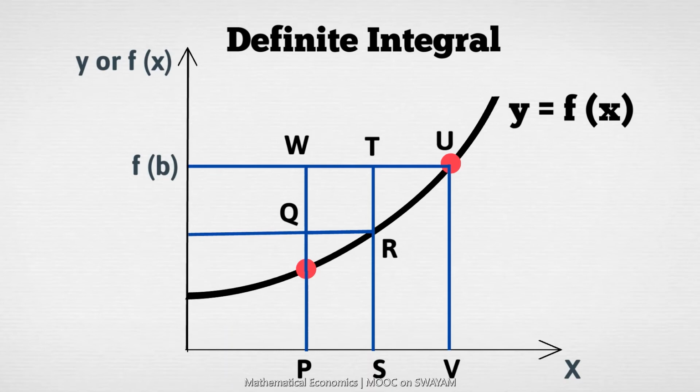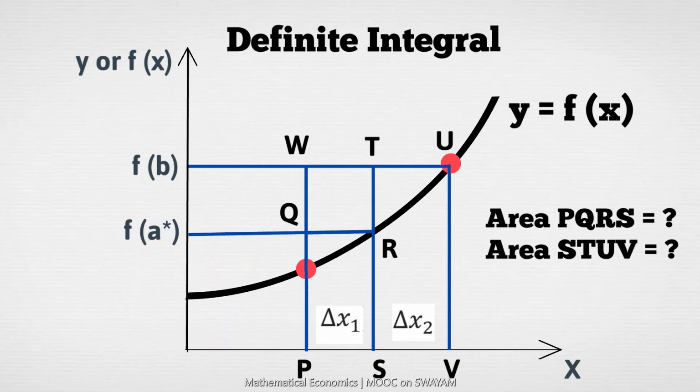Suppose value of y is f of a star. If the change in the value of x is delta x1 and delta x2, can you find the area of the two rectangles?